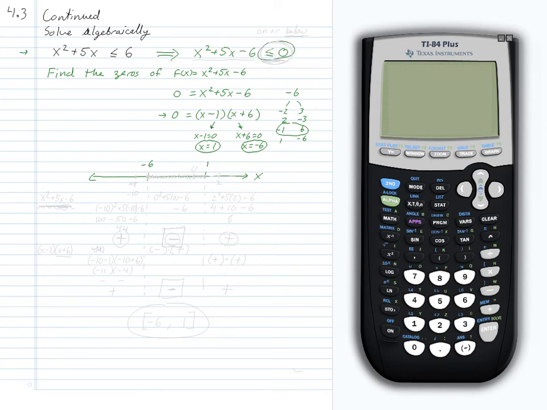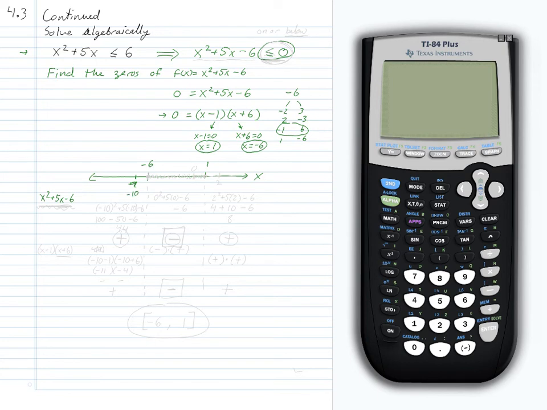So if we evaluate x squared plus 5x minus 6 using a test point within each interval we've delineated here, that will tell us whether the entire function in that area is positive or negative. I'll pick a test point somewhere less than negative 6. I'll try negative 7. Actually, let's use an even nicer number to work with. Let's do negative 10.